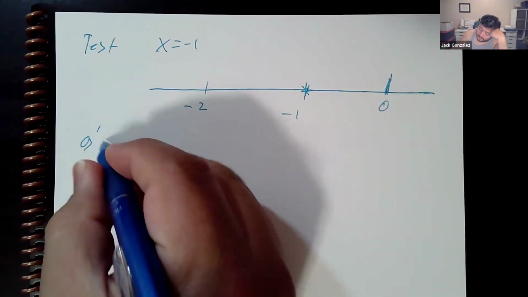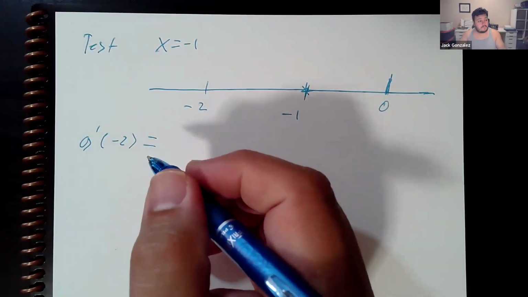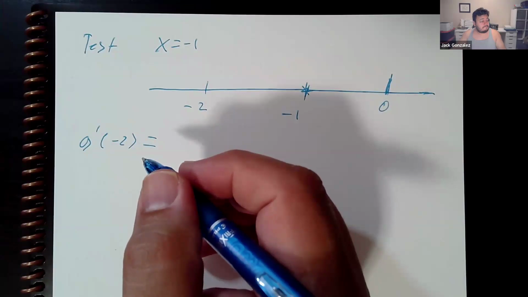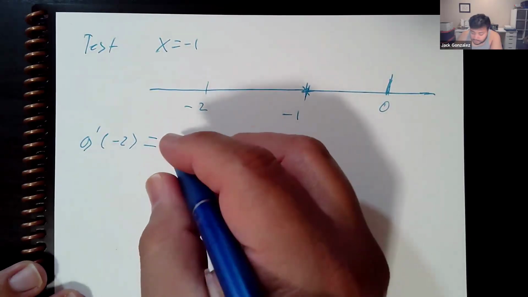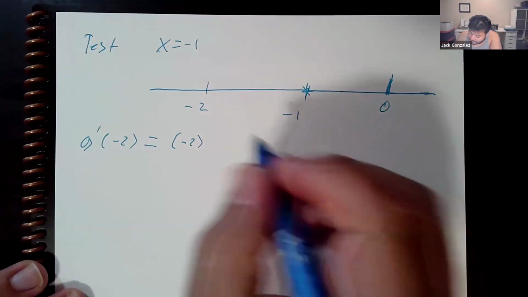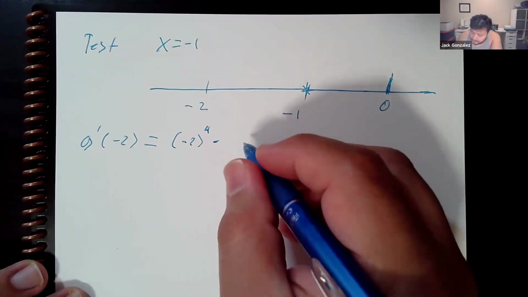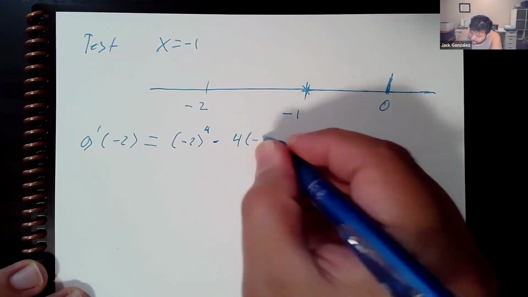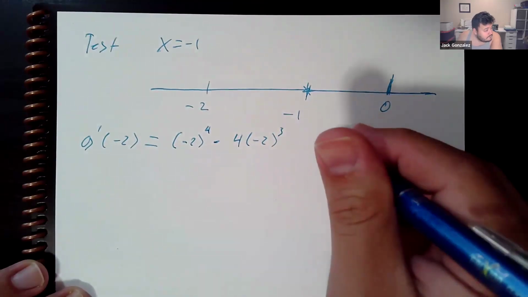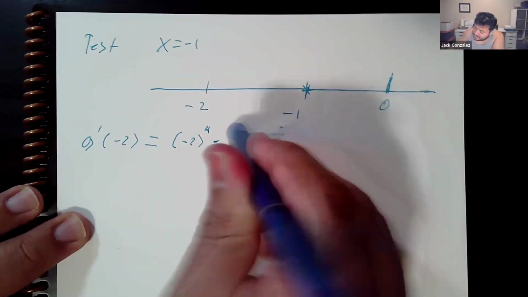So g prime at -2. Would simply be -2 to the 4th. On this one, I think the second derivative test might be better, but it doesn't matter. Oops. That's not right. This is G.